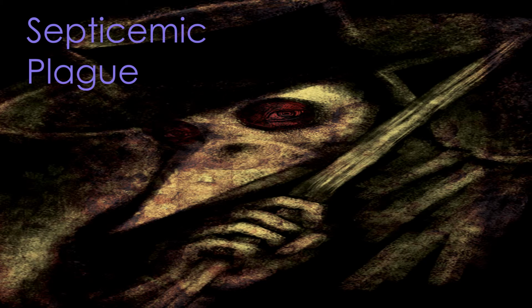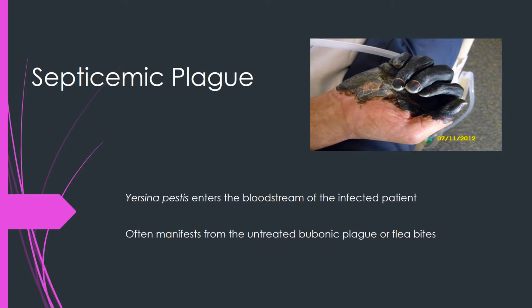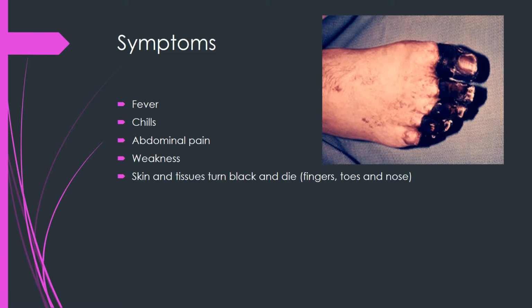So what is the septicemic plague? The septicemic plague is when Yersinia pestis enters the bloodstream of the infected patient. And you know, when bacteria enters the bloodstream, it's a little more serious. And like I said, it manifests from untreated bubonic plague, or can happen from a flea bite and just skip the bubonic plague altogether.